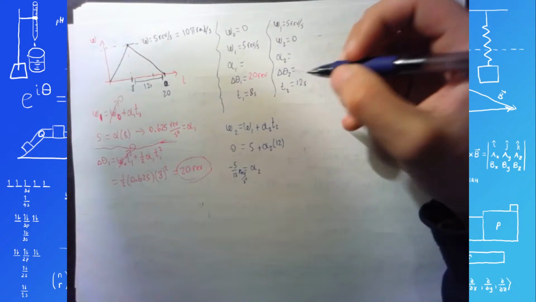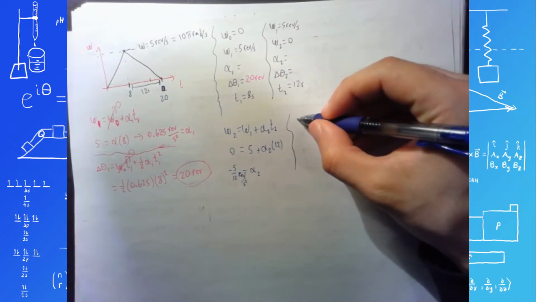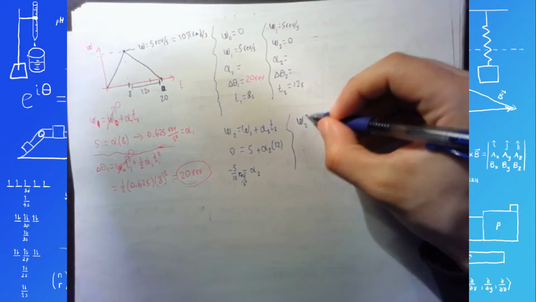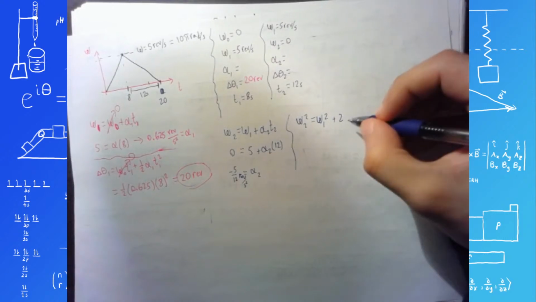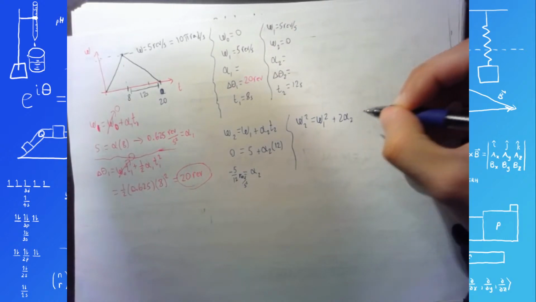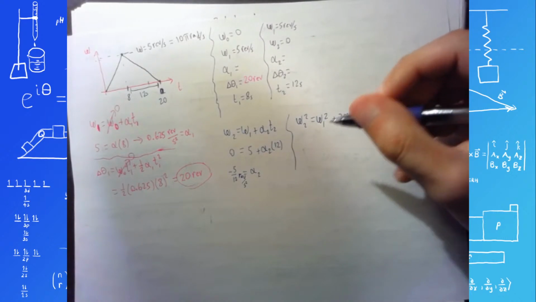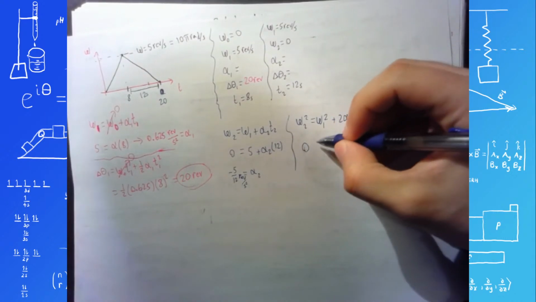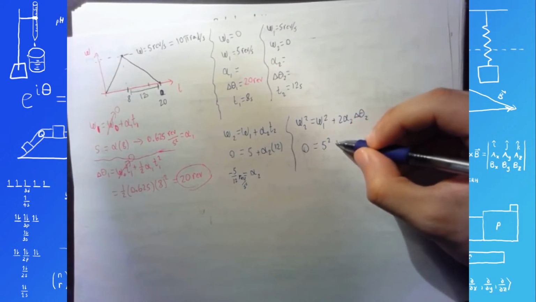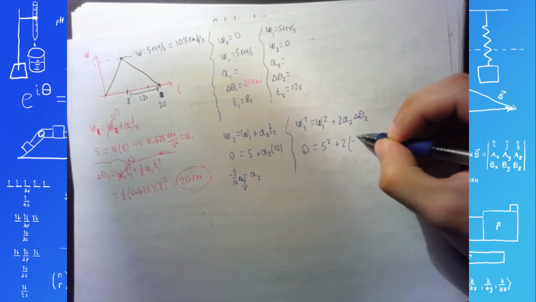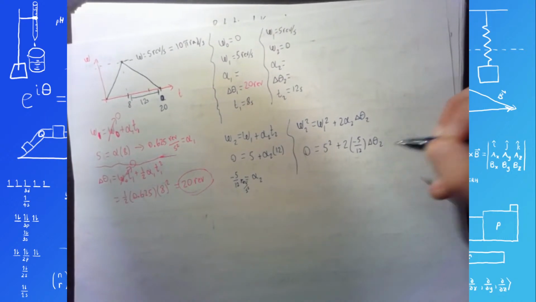And then for delta theta 2, let's go ahead and use the third equation for this. So omega 2 squared equals omega 1 squared plus 2 alpha 2 delta theta 2. Omega 2 squared, that's 0, equals omega 1 squared, that's 5 squared, plus 2 times negative 5 over 12 times delta theta 2.